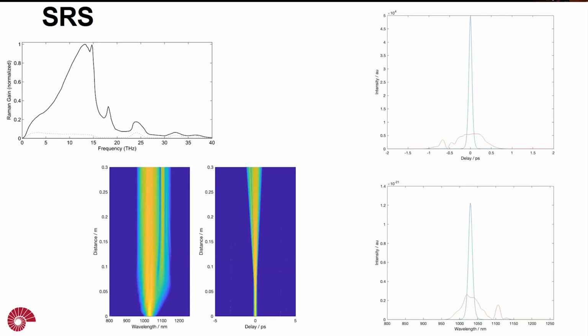And because of the silica glass, you will have as the peak 13.2 terahertz. But from your central wavelength, you need to convert to frequency and you need to add or subtract 13.2 terahertz. And depending on that, you will get the first Raman peak. Okay? And as you can see, from 1030, the first Raman peak is around 1080. Okay? This is Raman scattering.